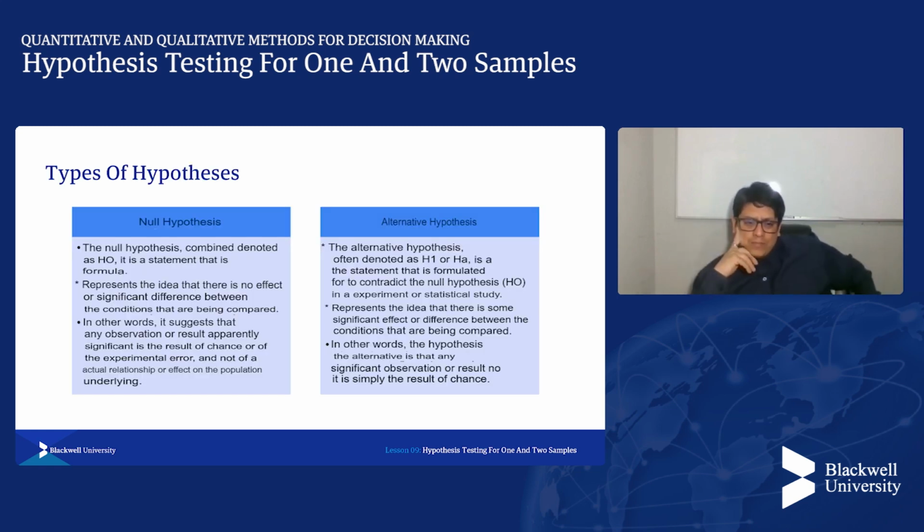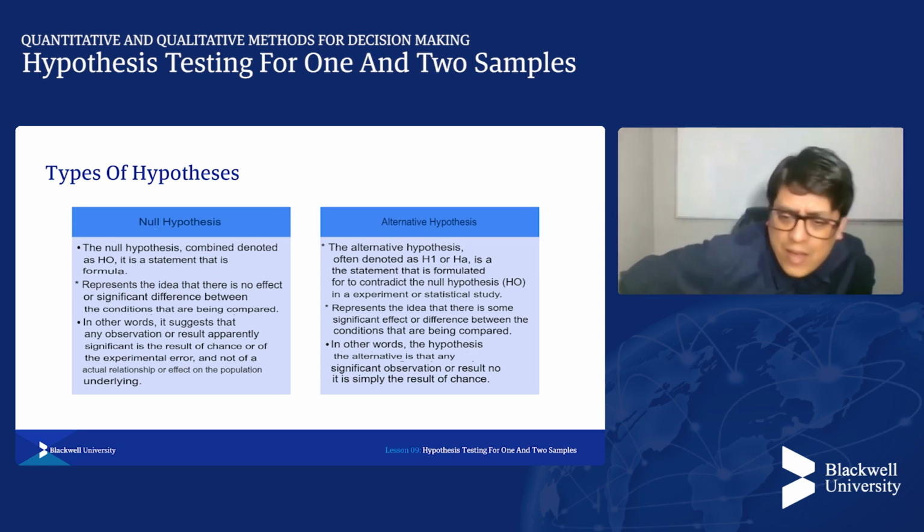Well, the first thing the participant should consider is what the types of hypotheses are. There are two types of hypotheses that the participant should be aware of. On one hand, there is the null hypothesis, and on the other hand, there is the alternative hypothesis. We will briefly discuss each of them. Let's first talk about the null hypothesis.